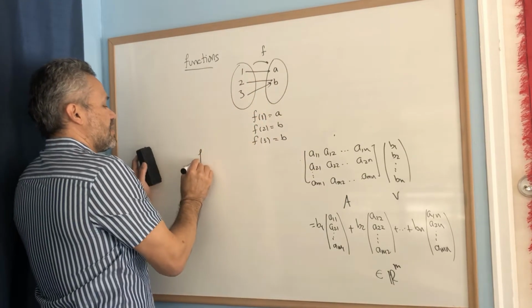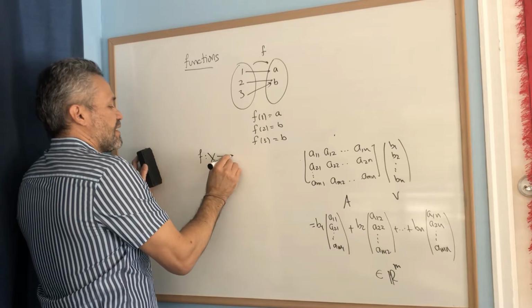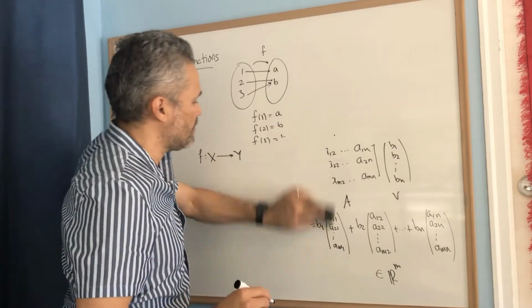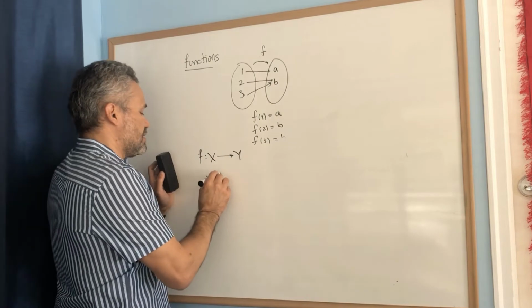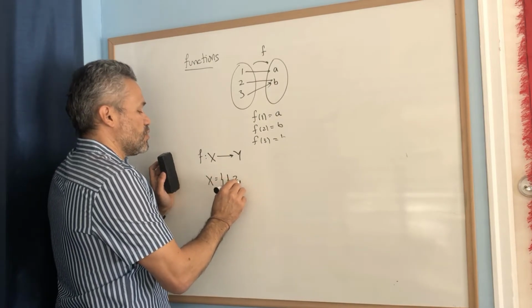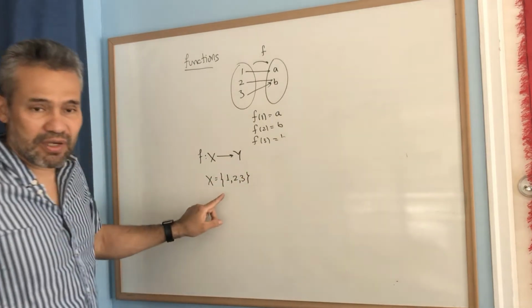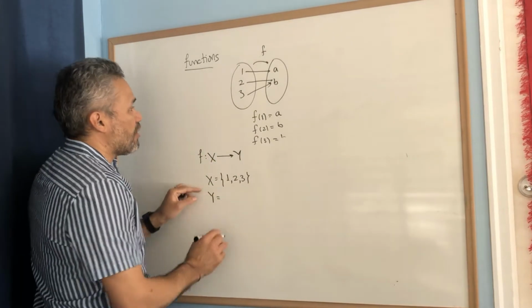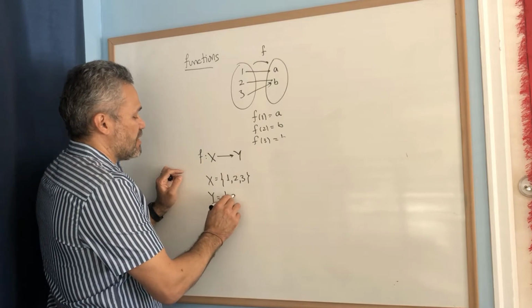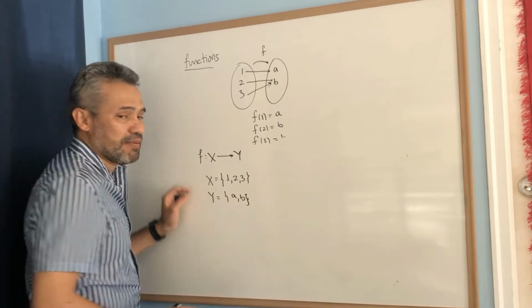Sometimes we write this as f from the set x to the set y. X is the set 1, 2, 3, which is usually called the domain of the function, and the codomain is, in this case, a, b.